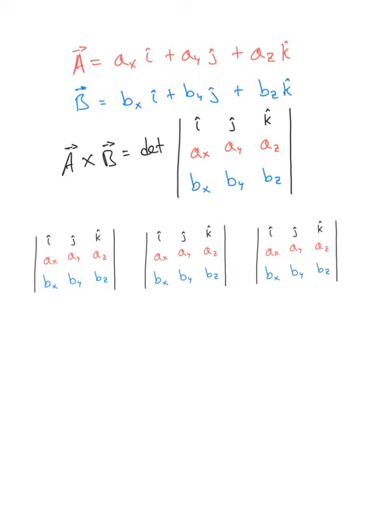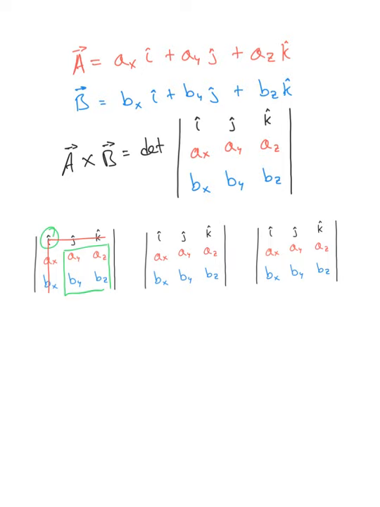So the easiest way to take the determinant of a 3x3 matrix like this is to actually write the matrix out 3 times, and you're going to get a component of your determinant from each of these 3 matrices. So the first matrix here, what we're going to do is circle the i hat component, and that is going to get multiplied by the determinant of the submatrix created by crossing out the row and column in which the i hat is located.